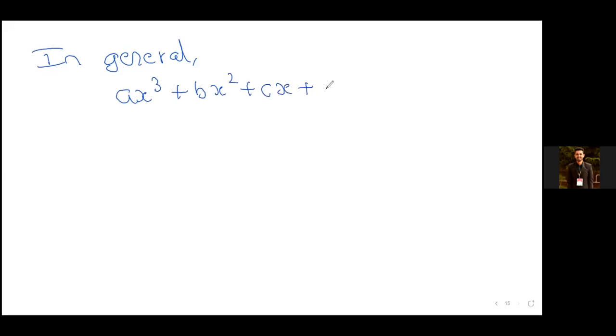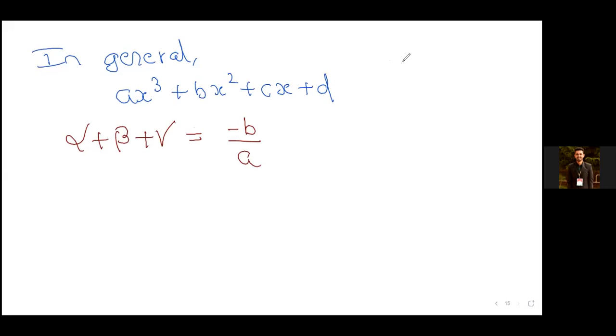So in general, I can write for a cubic polynomial of the form ax cubed plus bx square plus cx plus d, the sum of the zeros alpha plus beta plus gamma is equal to minus b by a.